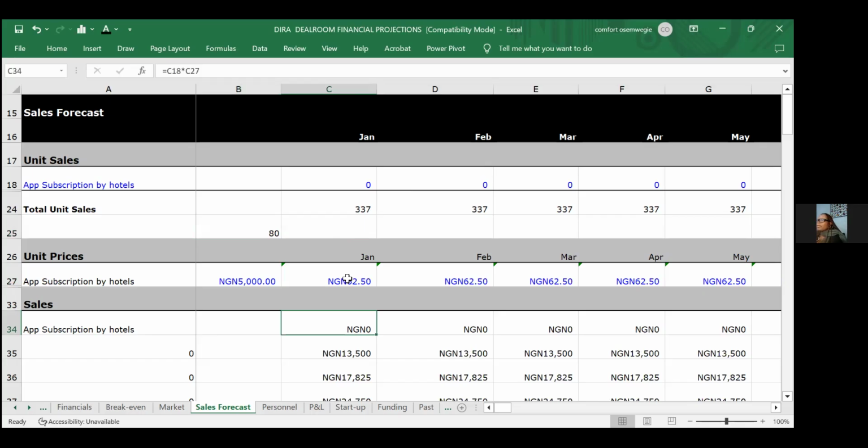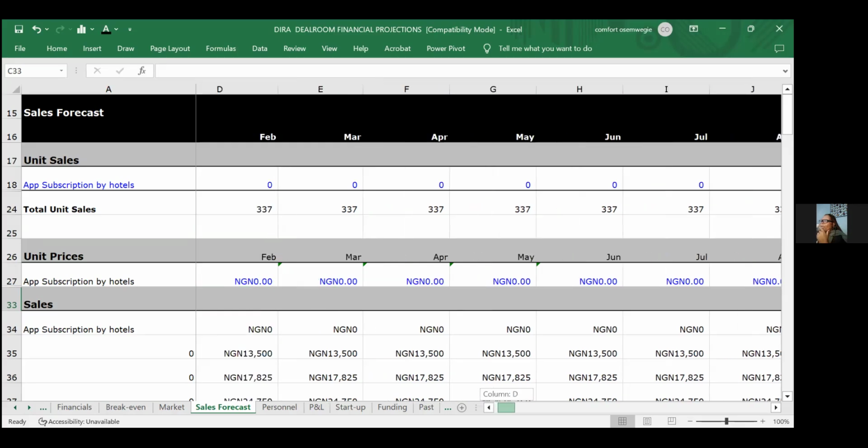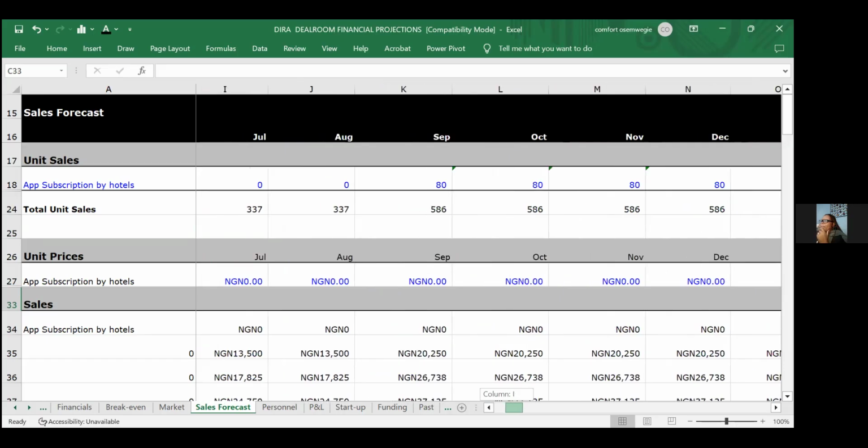This model has a bit of challenge right now. This is supposed to be A plus this multiplied by. It has gone back to what it should be. So I'll get 0 up until September.